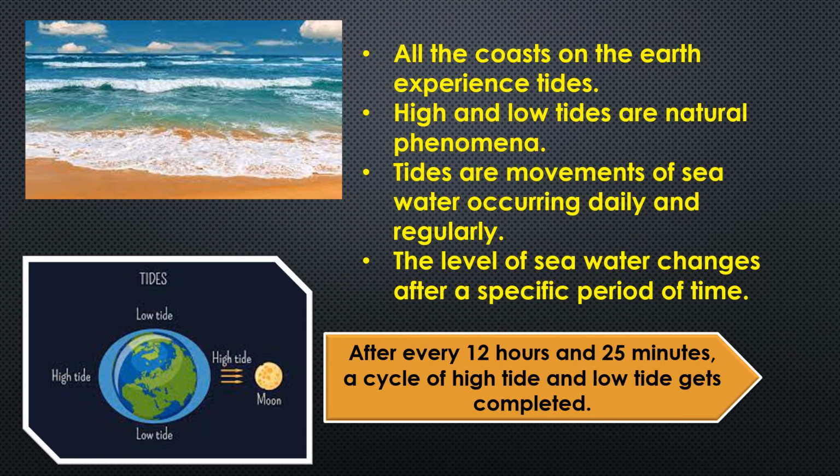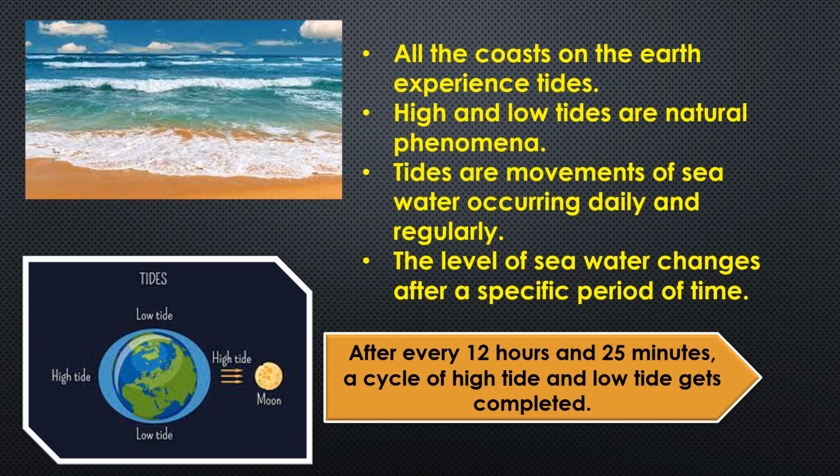Now, as we know that all the coasts on the earth experience tides, these occurrences of the tides are a natural phenomenon, and we experience both high tide as well as low tide daily and regularly. Now this happens because the level of sea water changes after a specific period of time.